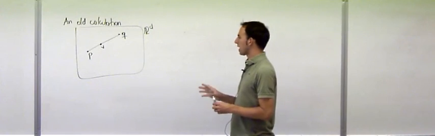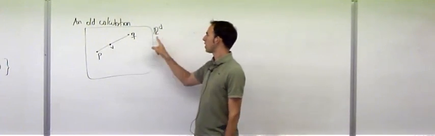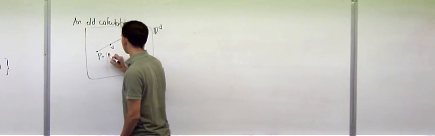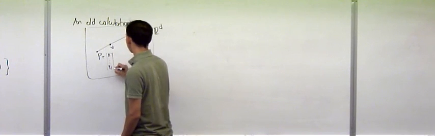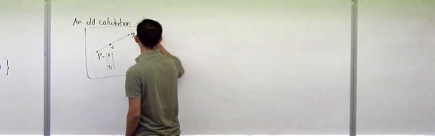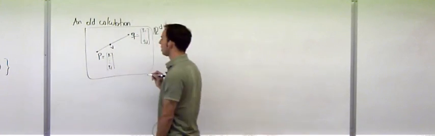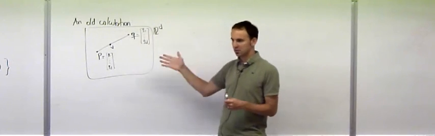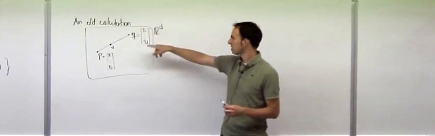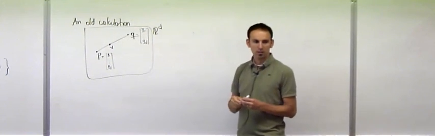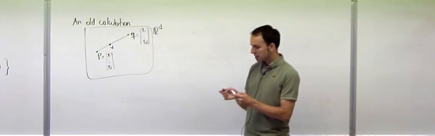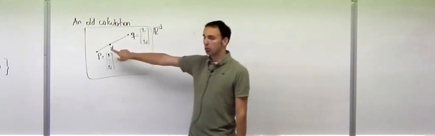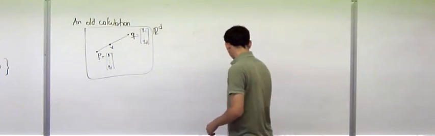Now, like I said, because P and Q are vectors in R^d, you can think of them as column vectors P1 up to PD and Q1 up to QD. But you'll see in the course of what I'm going to say that we're actually able to avoid all those subscripts and just stick with P and Q. Maybe for now it'll help you to think that they're column vectors. Okay? And let's say if you know what the coordinates of P are and what the coordinates of Q are, and now you want to know what the coordinates of V are, then what you can do is the following thing.